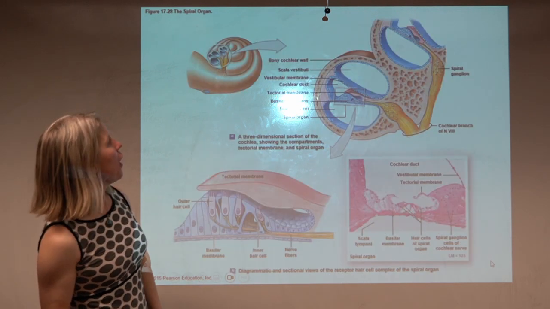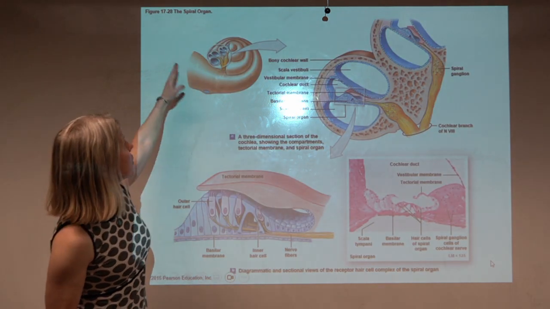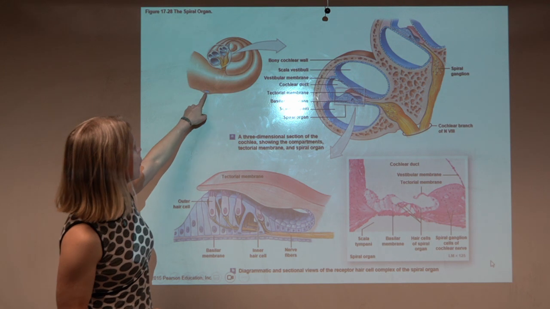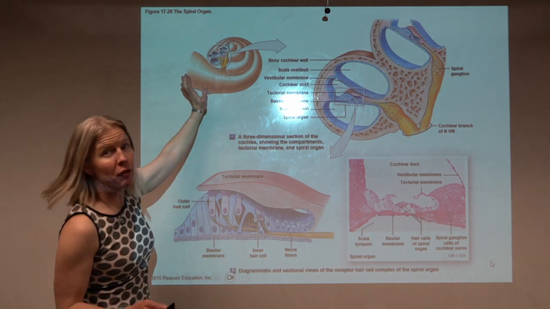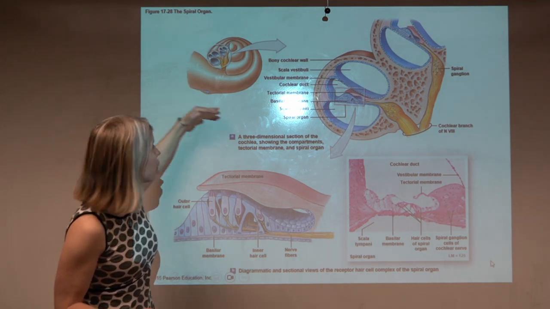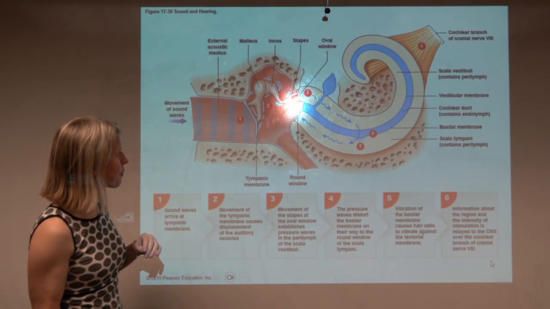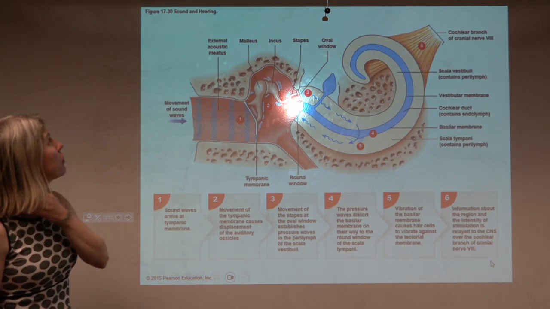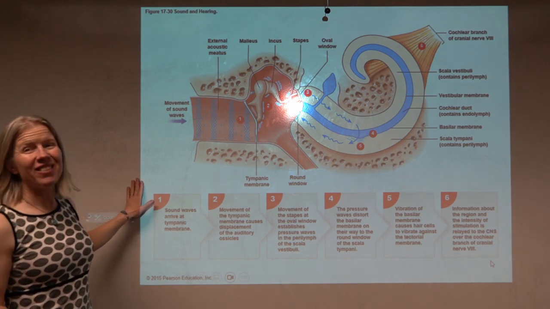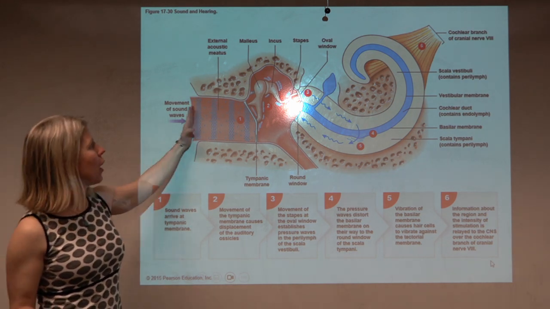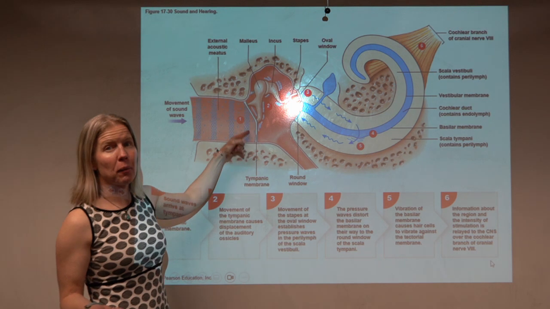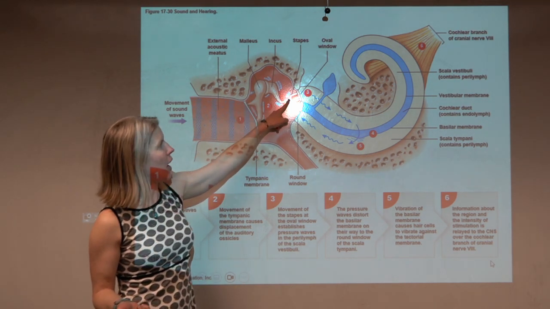Anyway, okay, so again, that pressure change in that oval window from the stapes pushing those vibrations is pushing the fluid throughout the cochlea. They lay out the same thing here in figure 17.30. Sound waves hitting the tympanic membrane, vibrating our three ossicles.